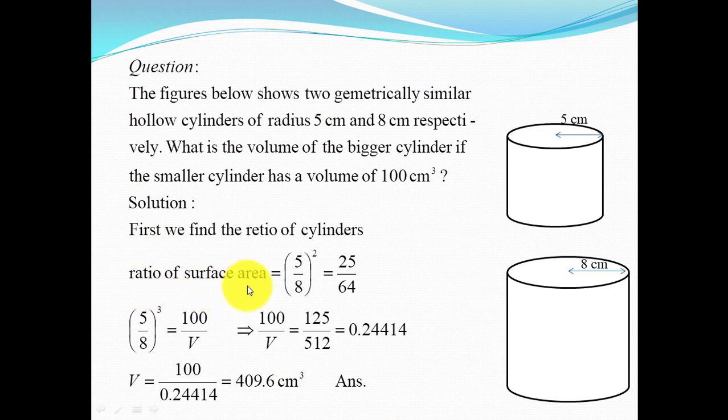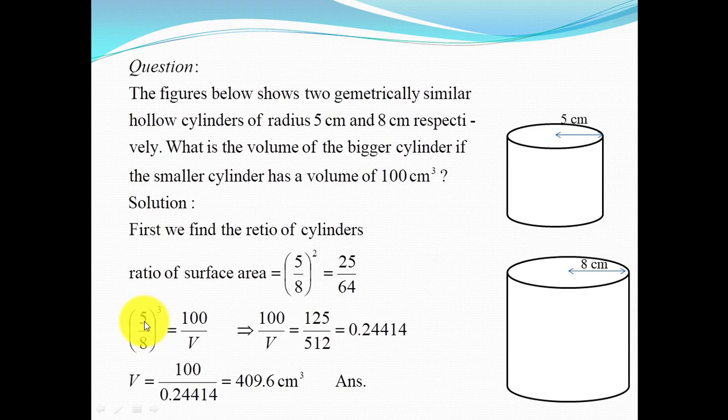We find it as the radius of the smaller cylinder divided by the radius of the larger cylinder, whole squared. This will be equal to 25 divided by 64, and to get the volume, we take its cube, which is equal to the ratio of the volume of the lower cylinder. You can see the formula clearly.